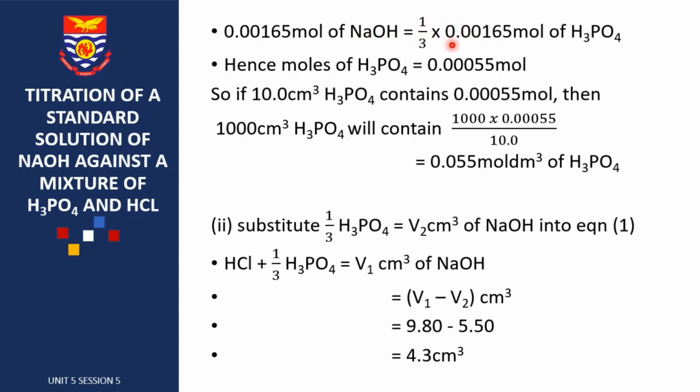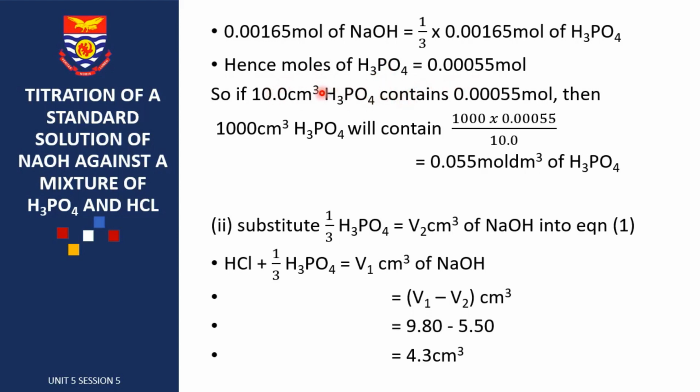That will be 1 over 3 times 0.00165 moles, and that gives us 0.00055 moles. This is the moles of the phosphoric acid contained in that small volume that was pipetted or that was used. That's the 10 cubic centimeters.